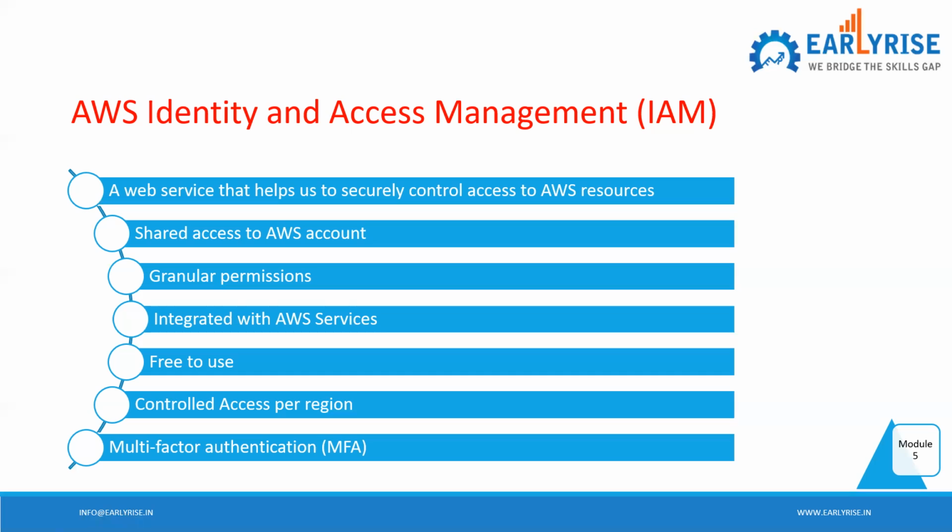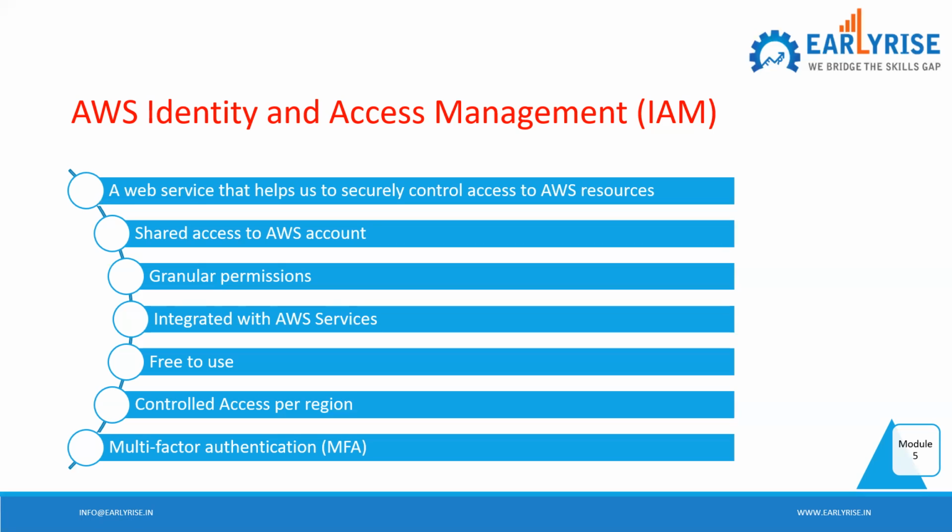Correct. Integrated with AWS services means, say you're creating one user, so that your service, say EC2 or your S3 or your database, will understand this user. Those services will know this user that you have created in IAM. So that is integration.